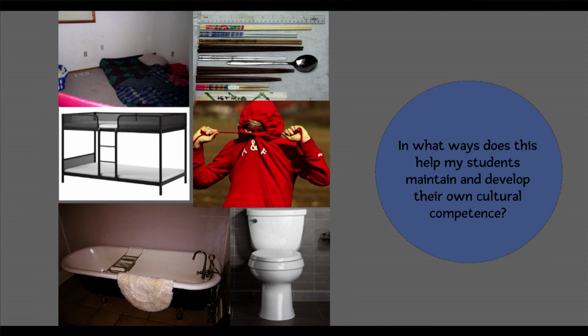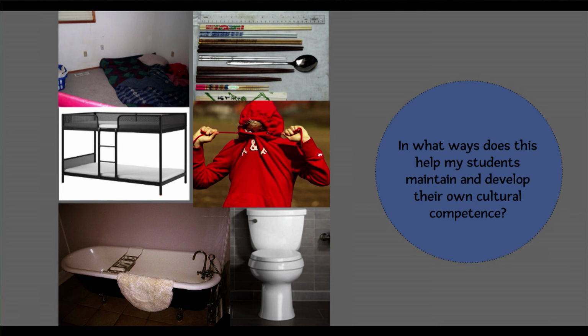So then the second tenet asks how well I'm providing opportunities for my students to maintain and develop their own cultural competence. By selecting universal artifacts, students are more able to relate to the content of the standard. I'm also asking kids to bring in artifacts from their own lives, which allows them to be the experts in the lesson.